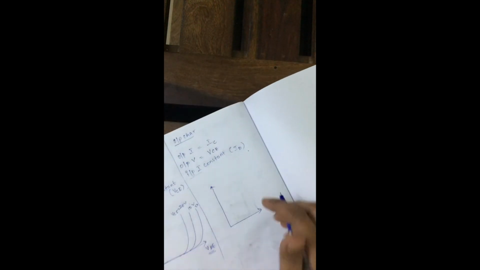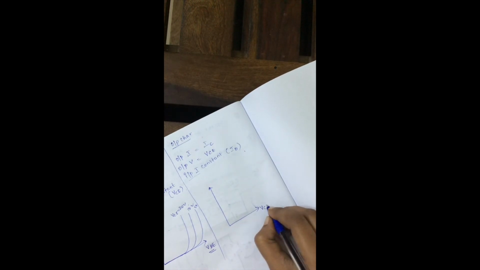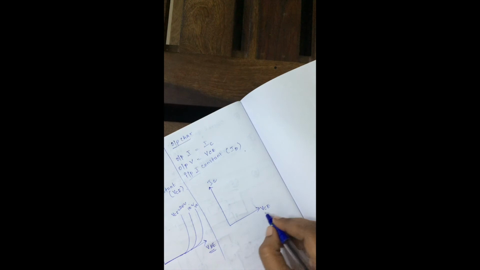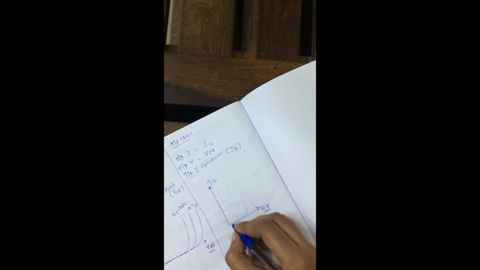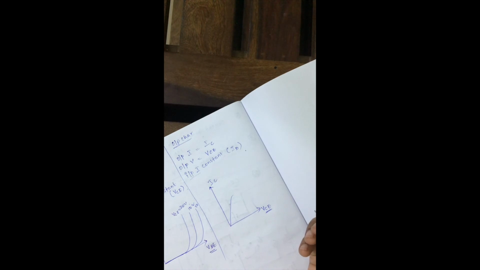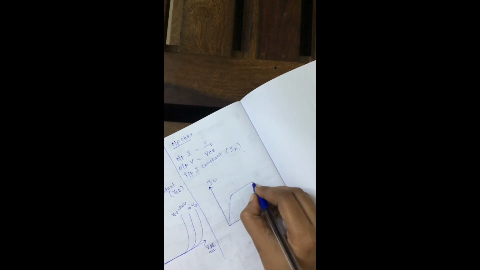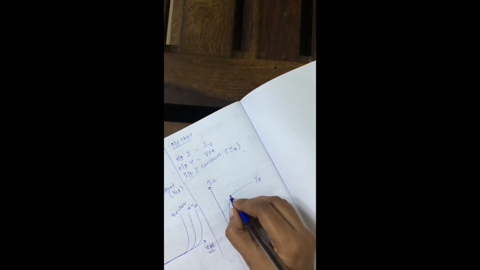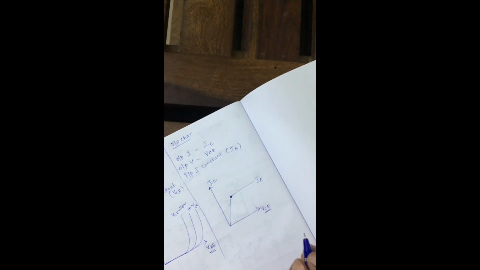So here also output voltage is VCE and output current is IC. Say if you are increasing VCE, the current starts increasing. Once it reaches its maximum, then it becomes constant.